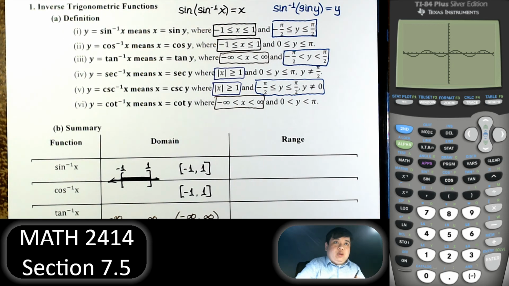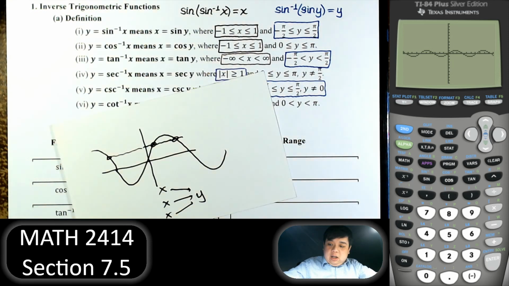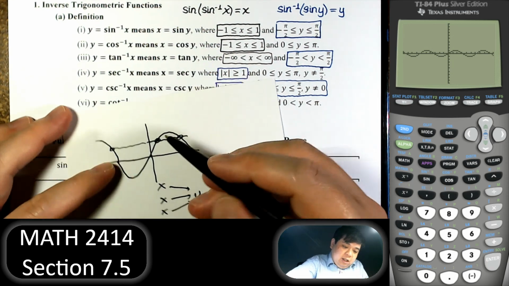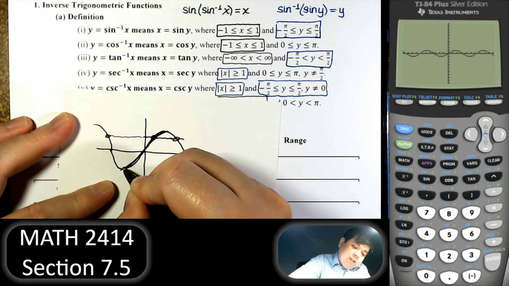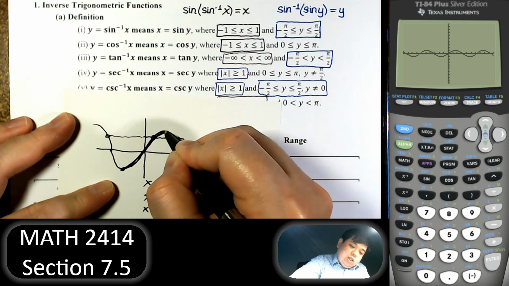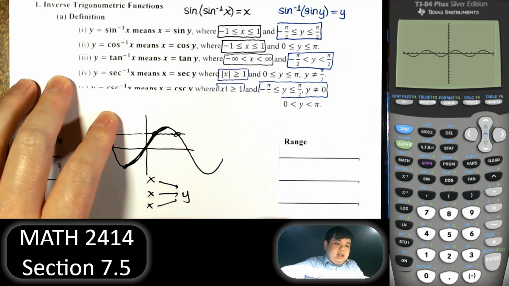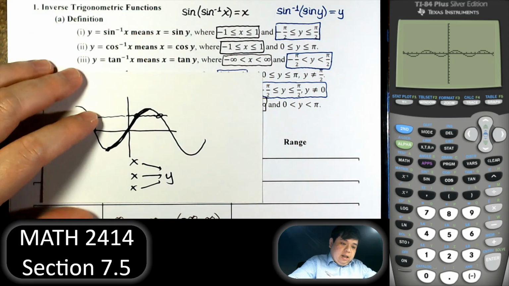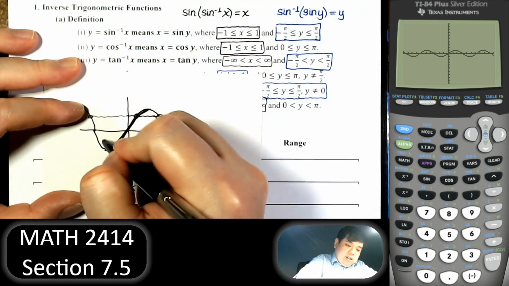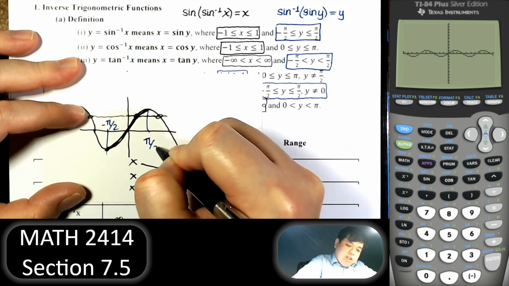So in that case, we have to restrict the domain. If we want one x and one y, for this function we're going to choose this interval. Within that window, we have one x and then one y. In terms of the unit circle, this will be negative pi over 2 to pi over 2.